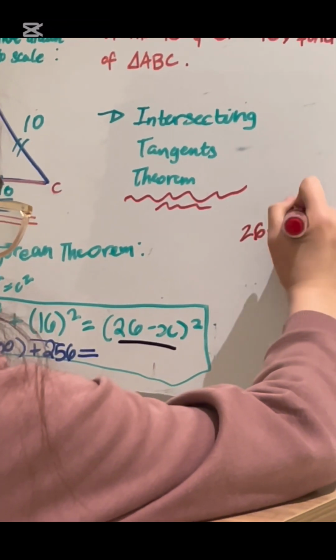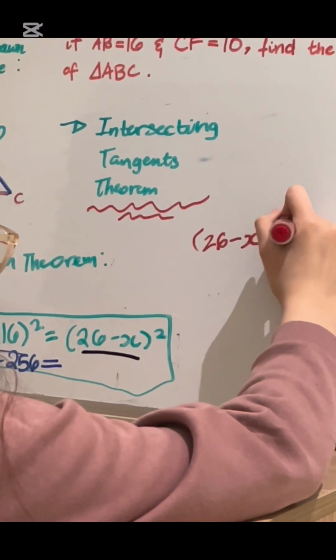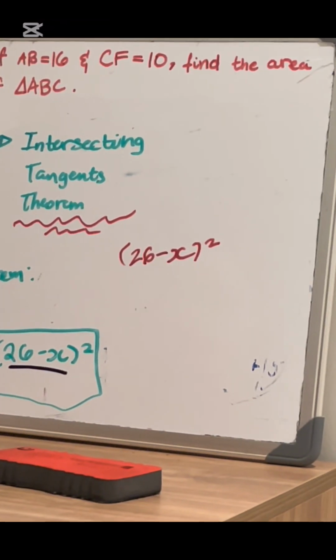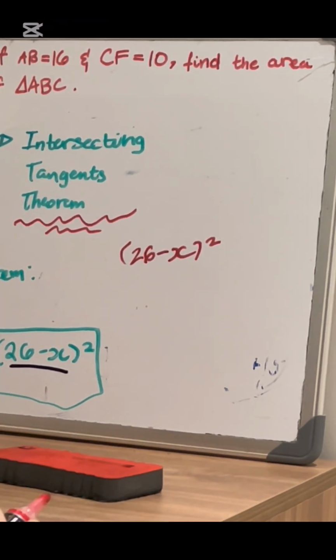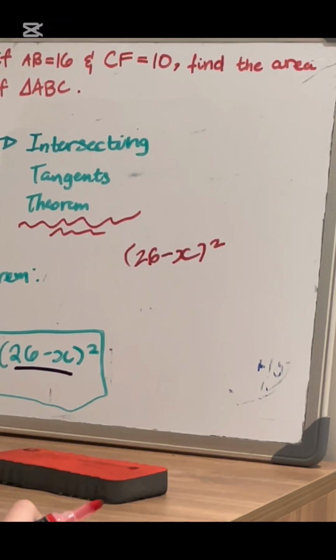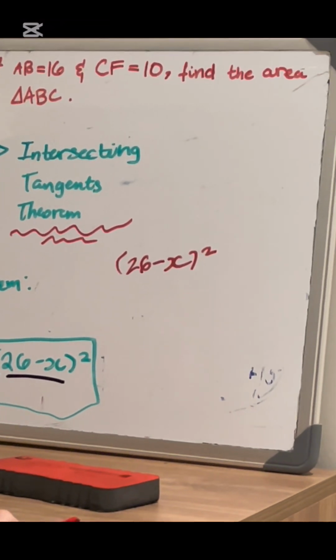Minus x squared also has another formula similar to the one that we used for x plus 10 squared. So 26 minus x times 26 minus x.